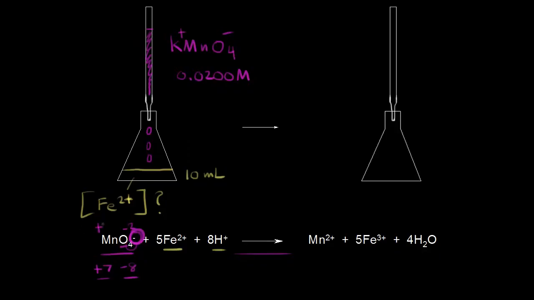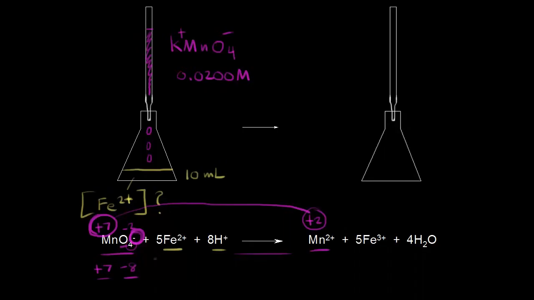So manganese has an oxidation state of +7. Over here for our products, we're going to make Mn2+, so manganese 2+ cation in solution, and the oxidation state is +2. So manganese is going from an oxidation state of +7 to +2. That's a decrease or a reduction in the oxidation state. Therefore, manganese is being reduced in our redox reaction.